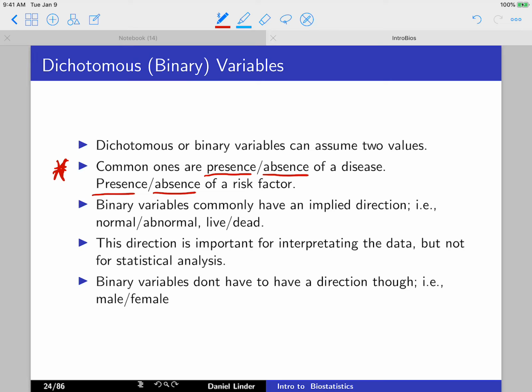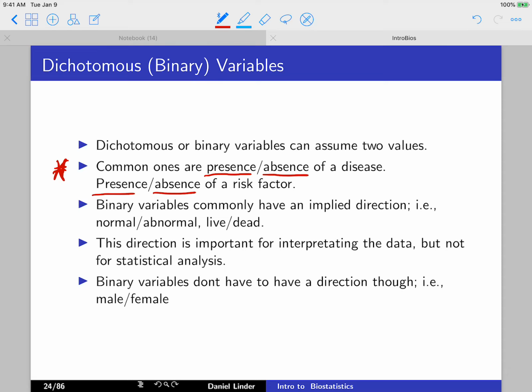The thing about binary variables is, although they can only take two categories, a lot of times there is an implied direction. So for instance, normal versus abnormal, live versus dead, presence versus absence of a disease. If a particular problem does come with a direction, that's useful for interpreting the data, but it really won't change the statistical analysis.